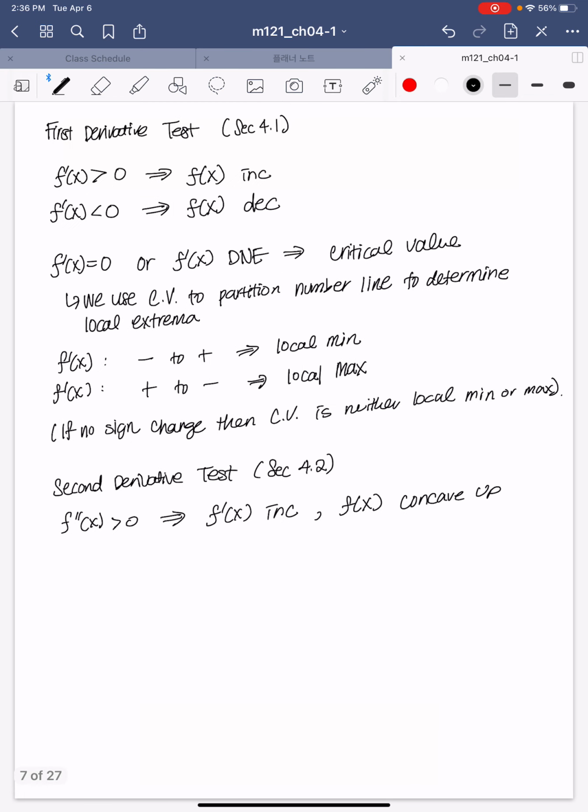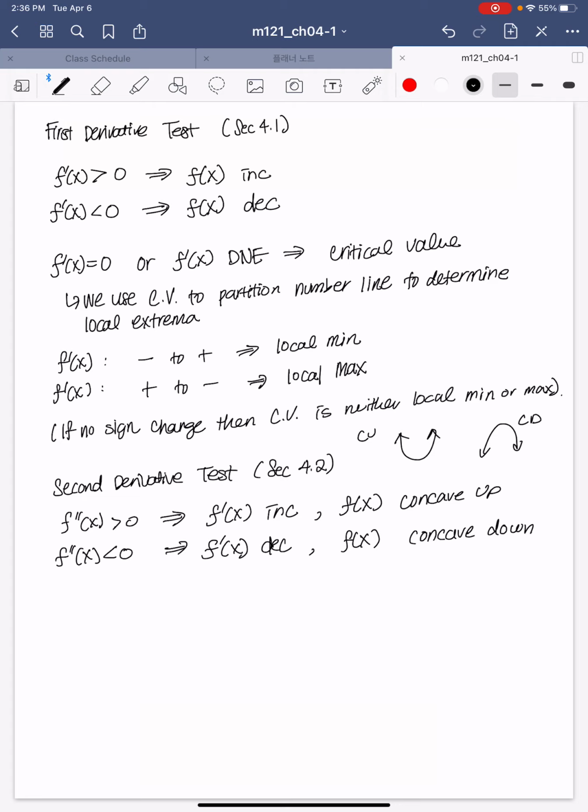Makes sense. You took the second derivative, so you know two pieces of information. If you only took the first derivative, you are only given one. So let's write the other one. If it's negative, then my first derivative function is decreasing, and f of x is concave down. So, concave up, concave down shape.